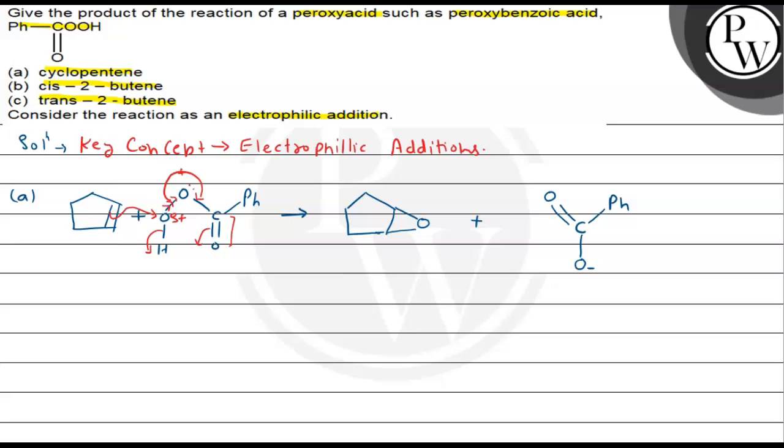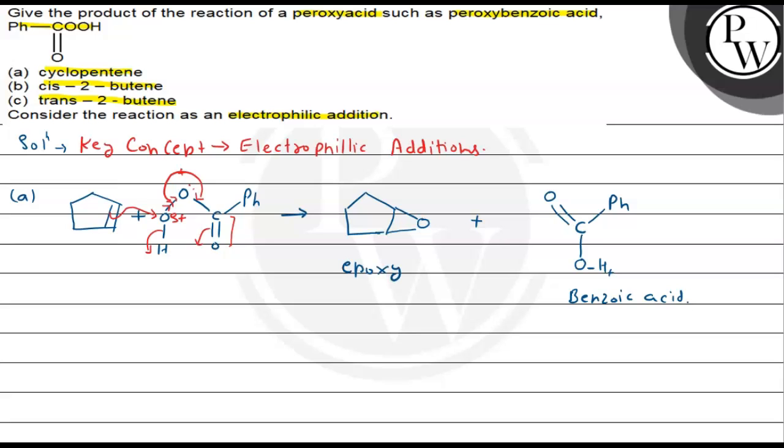The detached hydrogen is H positive, so it will get connected with this oxygen. So we can see this will become a benzoic acid. Now here we can see it will become an epoxy group.